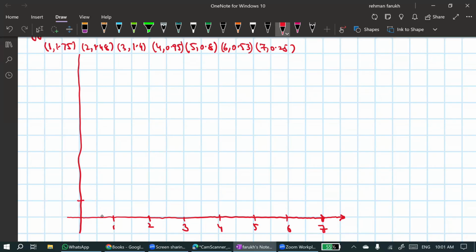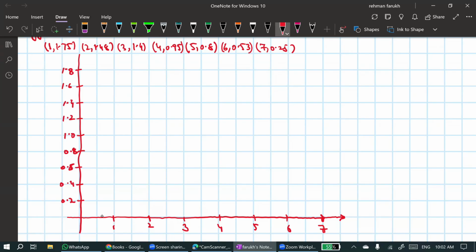On the y-axis: 0.2, 0.4, 0.6, 0.8, 1.0, 1.2, 1.4, 1.6, and 1.8.